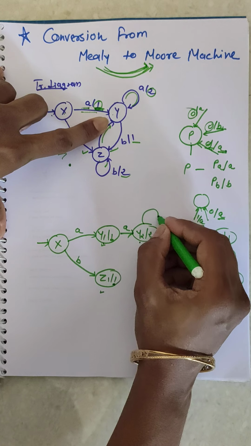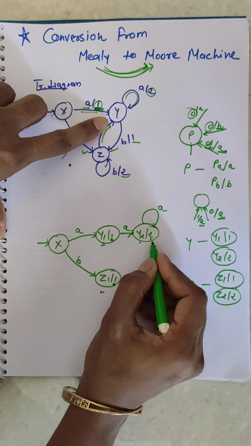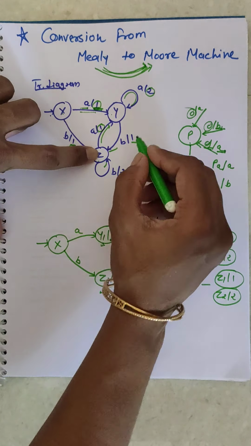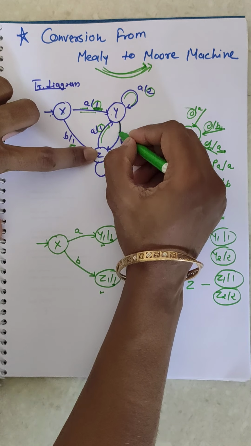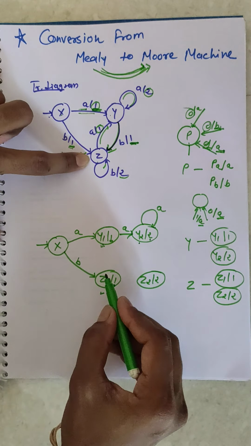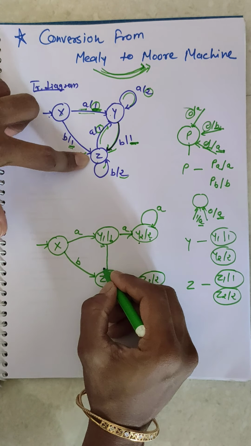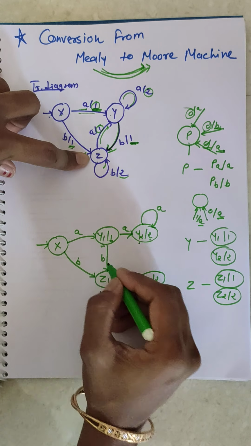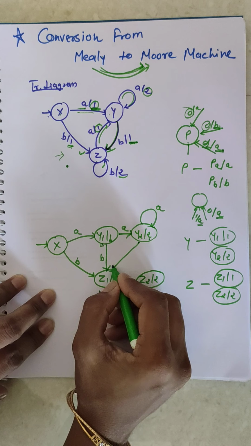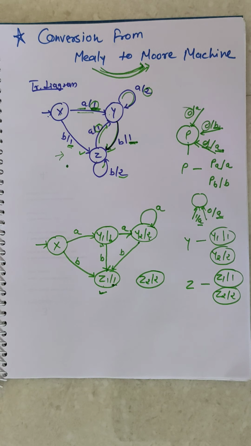Again, Y of A is Y with output 2. Y of B is Z with output 1, this one. So Y of B is Z with output 1. Same way, Y of B is Z with output 1.